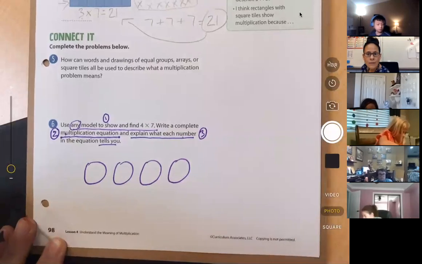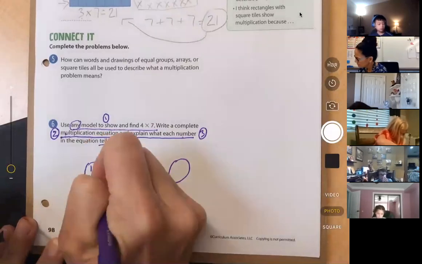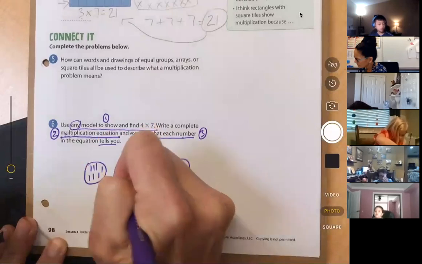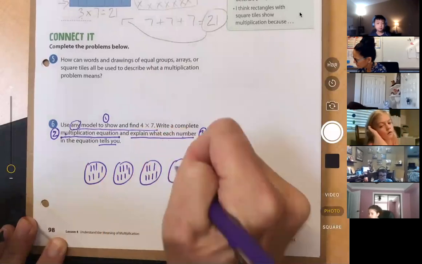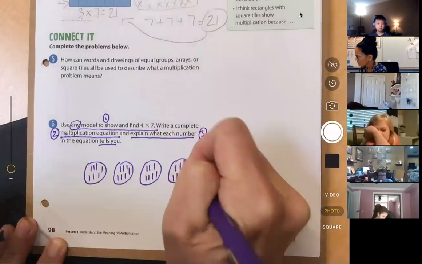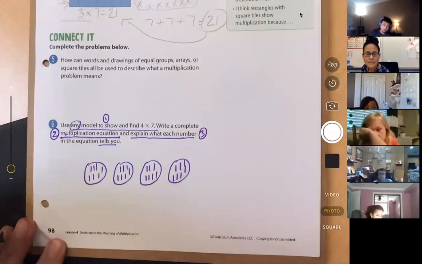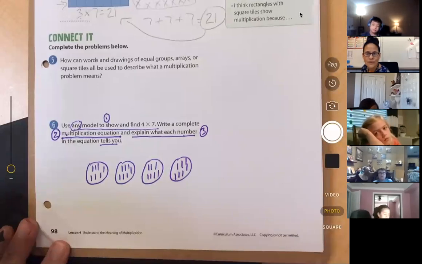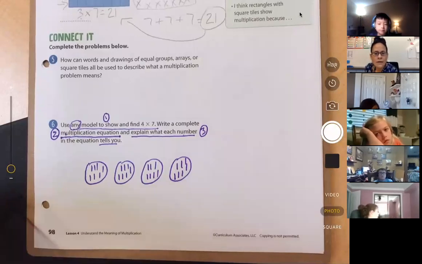And I know that I'm going to have 7 in each group. Now again, friends, I use dashes simply for ease. It's just a little bit quicker. Do what makes you happy. Do what works for your brain, all right? So it says to use any model to show and find 4 times 7.